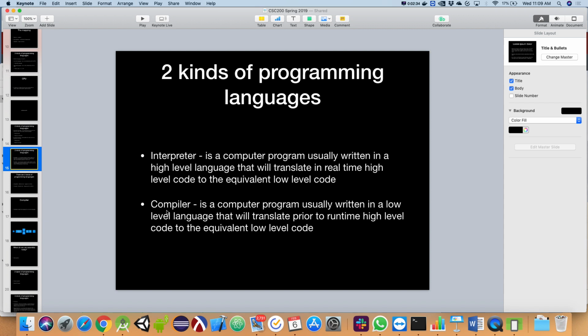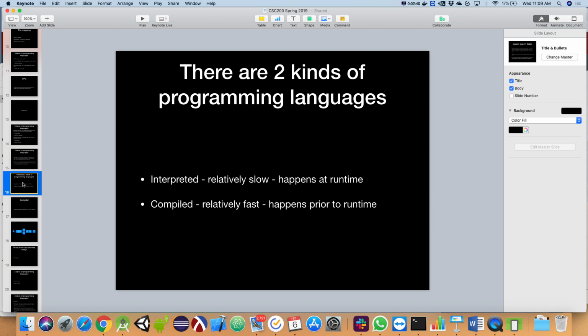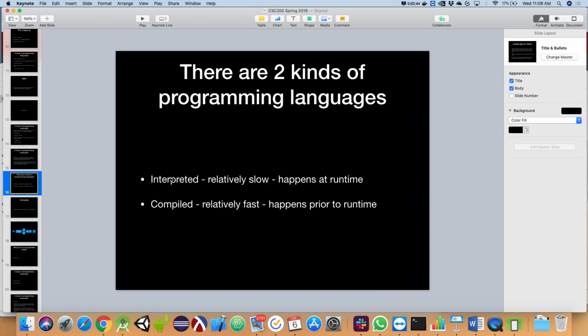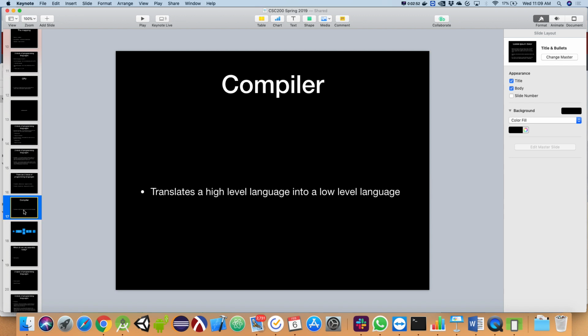A compiler does that work, but it does it before you ever run the program. To summarize, interpreted languages translate at runtime, whereas a compiled language is translated prior to runtime.